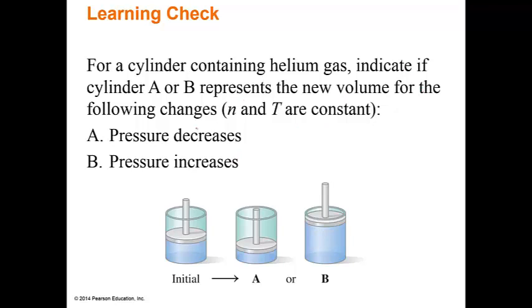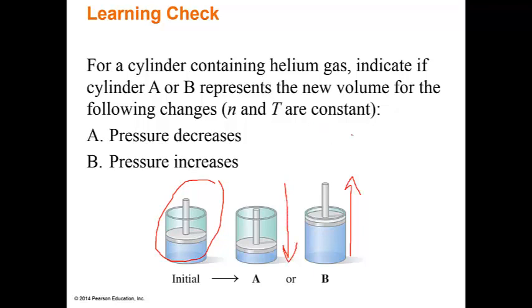All right. So for a cylinder containing helium gas, indicate if the cylinder A or B represents the new volume following changes. If pressure decreases, which one would represent it? This is our initial. If pressure decreases, the volume goes up. Now, if pressure increases, if we're pushing tighter and tighter, you'll see that volume goes down.